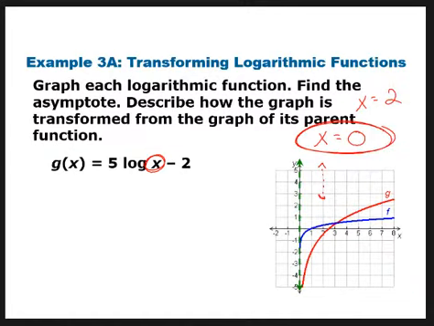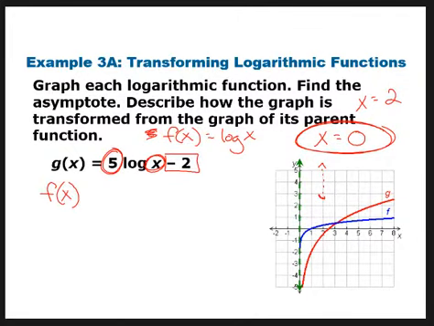Now, the next thing we want to look at is what's being done here. It looks like we're subtracting 2 from the function, and we're taking the entire function times 5. So we're taking our parent function, which in this case is just log of x, our f of x, and we are first moving it down 2 units.